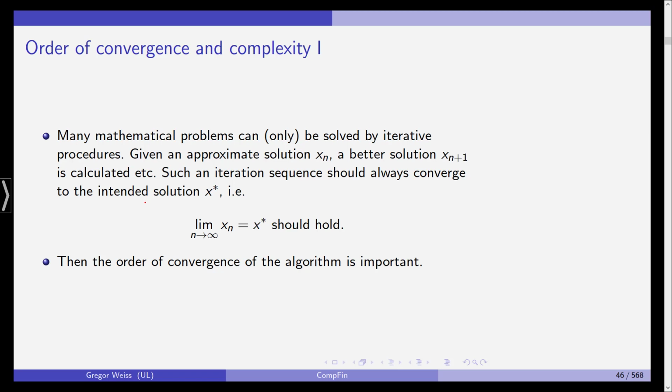That is, you have your iterations, first solution, second, third, and so on, x_n, and at some point x_n converges to the true solution x star. Then the order of convergence, I mean, this is a prerequisite. We are interested in algorithms that always converge. That's the ideal situation.